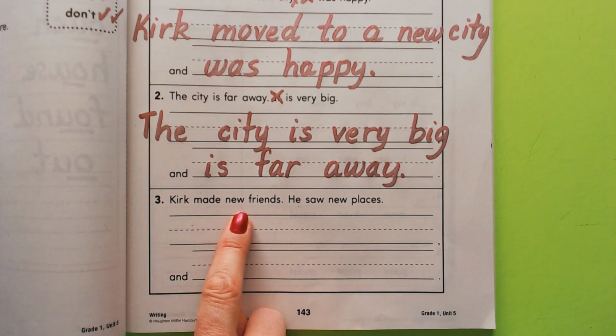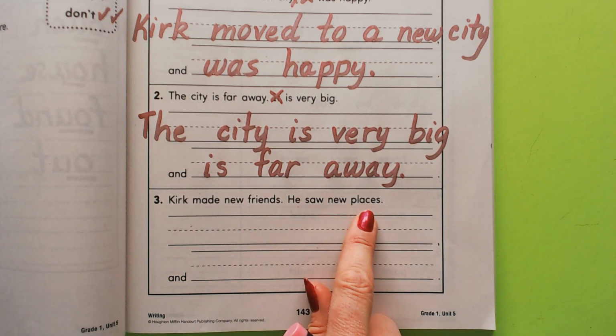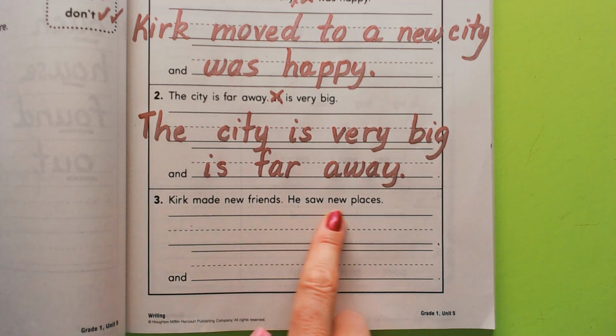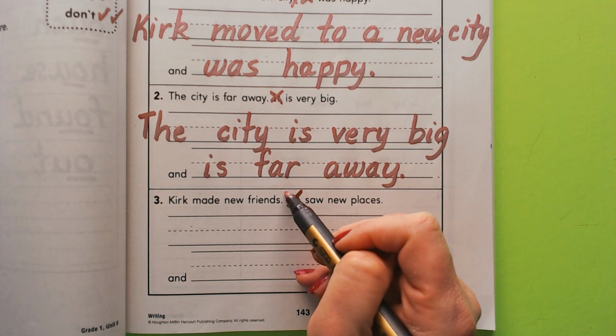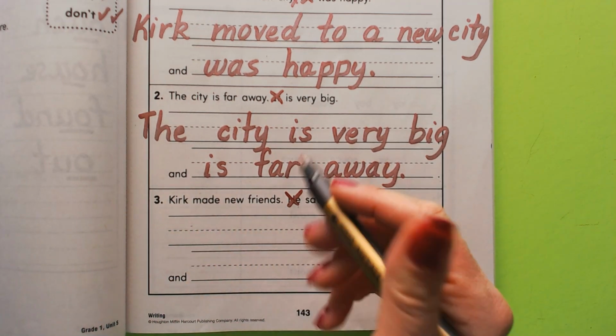Kirk made new friends. He saw new places. So we have to make a super long sentence out of those two short sentences. I'm going to do it by getting rid of he, the pronoun for Kirk, and this period's going to have to go too.